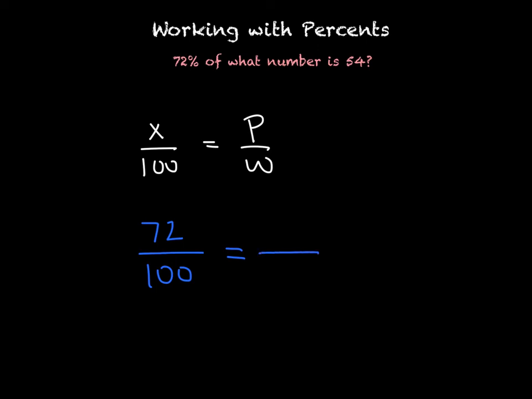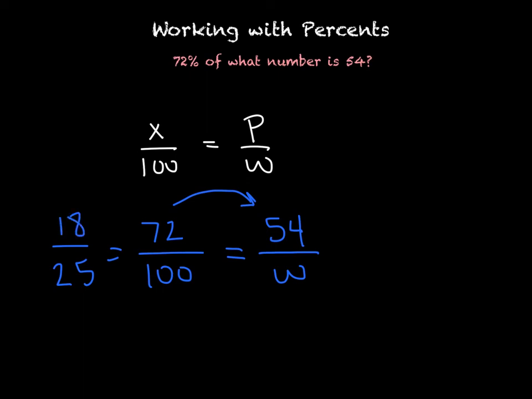So I think 54 in this case is going to be our part, and we are missing our whole. So what I need to figure out is how I went from this number to this number. Now obviously 72 to 54 isn't the easiest thing. So what I would like to do is go down first. So I am going to simplify this a little bit and divide by 4, and that's going to get me 25 and 18.